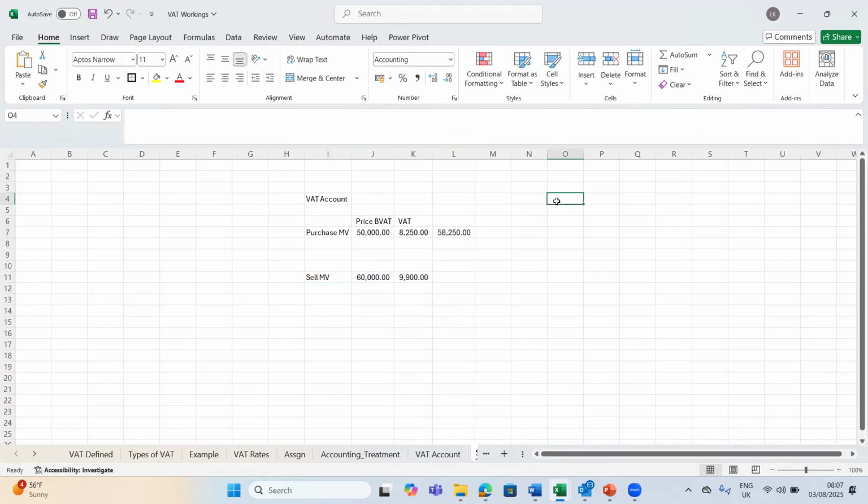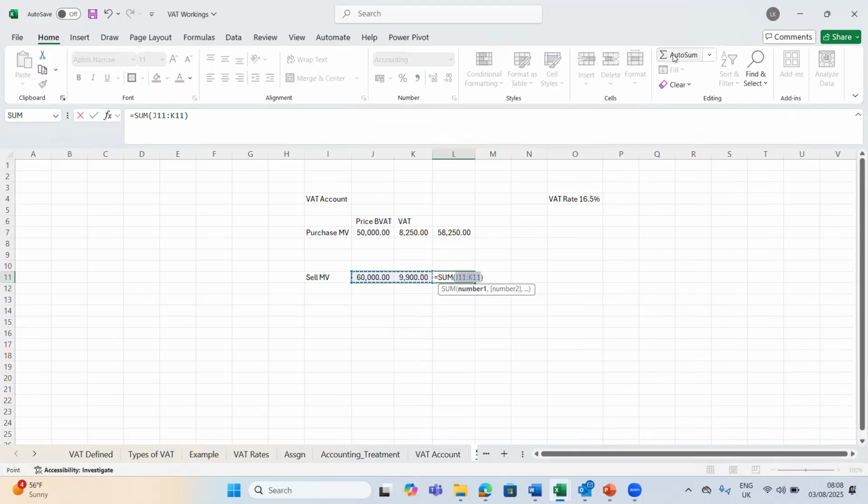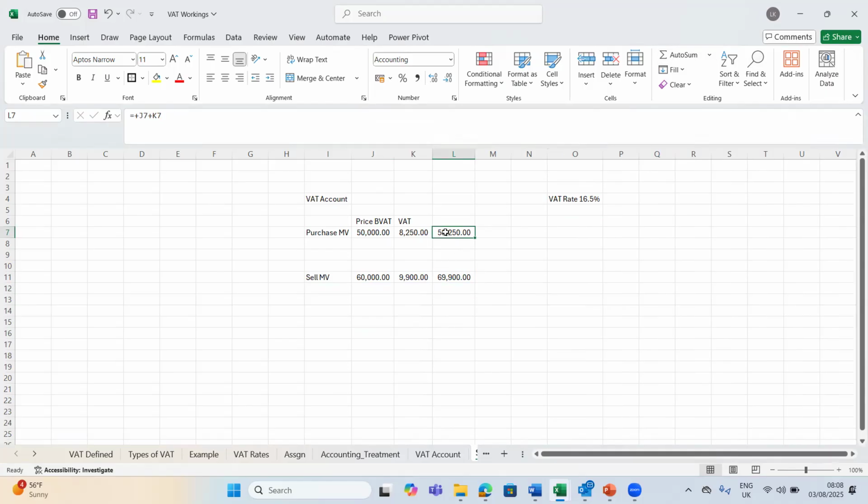Let me just put here VAT rate 16.5%, right? That's the selling price, and that's the purchase price. So the difference between these two is what we call the profit.